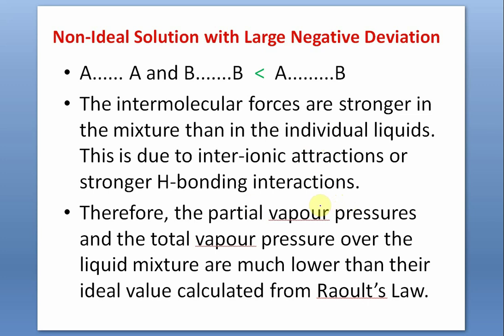Heat is evolved because more energy is released by the stronger intermolecular forces than is expended in breaking the weaker intermolecular forces. Therefore, the partial vapor pressures as well as the total pressure over the liquid mixture are much lower than their ideal values calculated from Raoult's law.